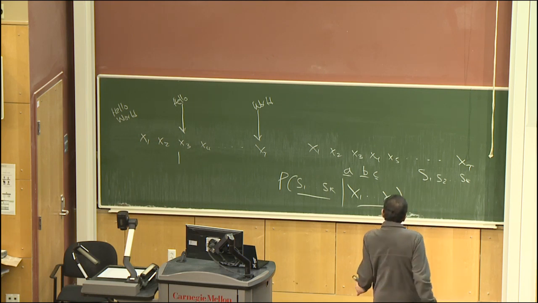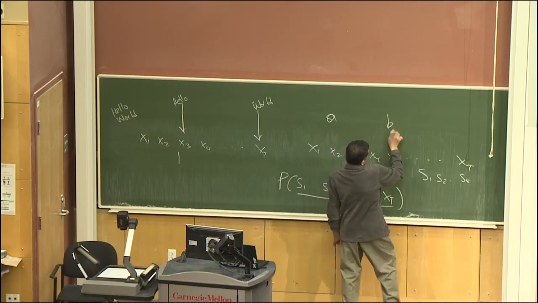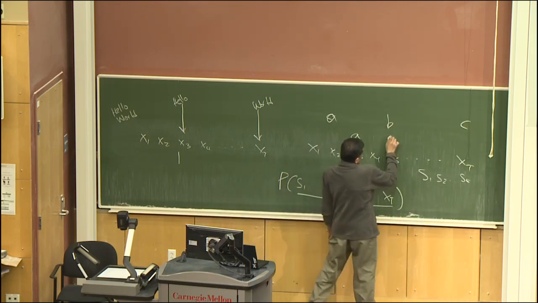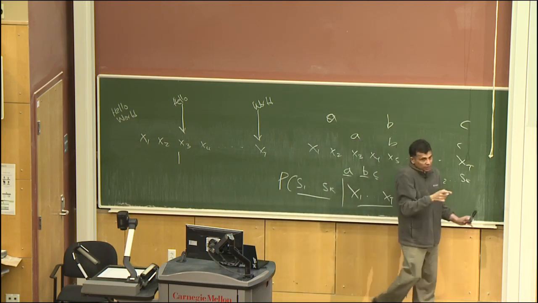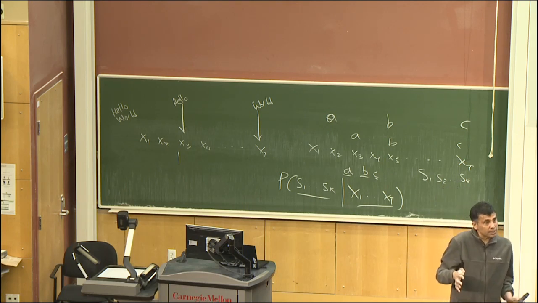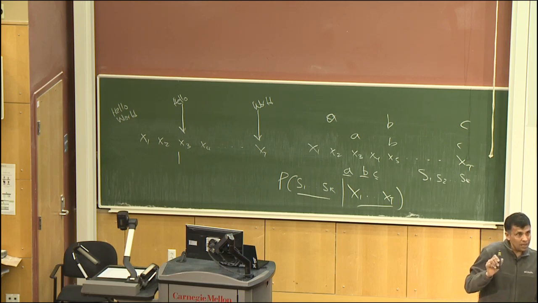As far as we are concerned, this one, A, B, C, is the same as A, B, C. Shifting the symbols around doesn't really matter to us. We are only worried about the symbol sequence itself, not the location. Okay? So this is the problem we are trying to address.